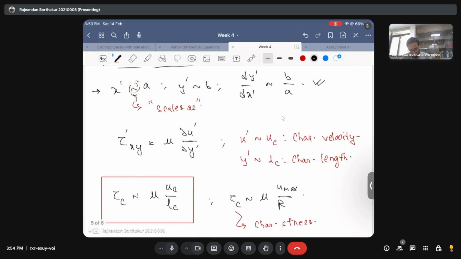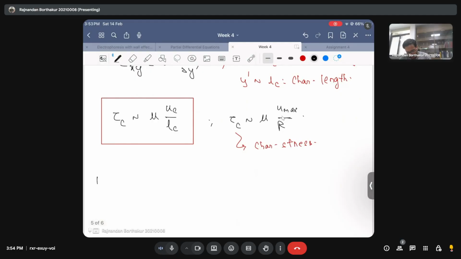Then comes one more important scale, which is the scale for the time variable.